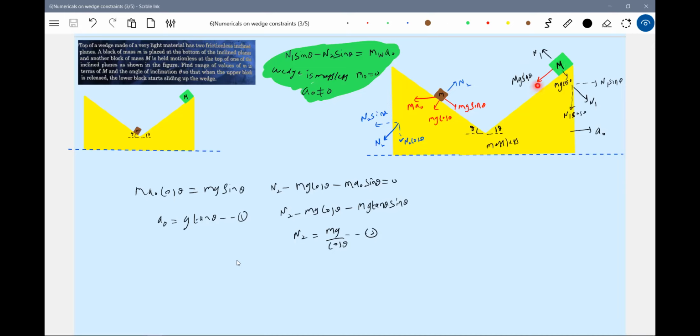The answer is no. So there is no relative motion between the block M and the wedge perpendicular to the incline.